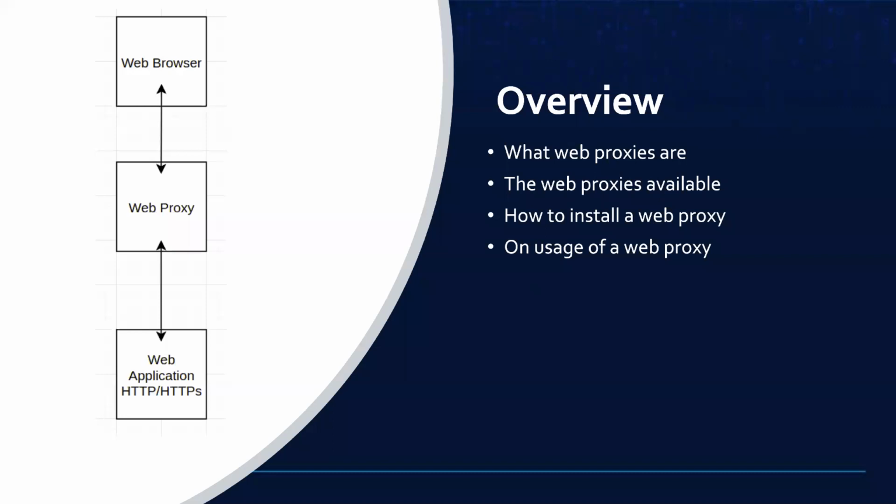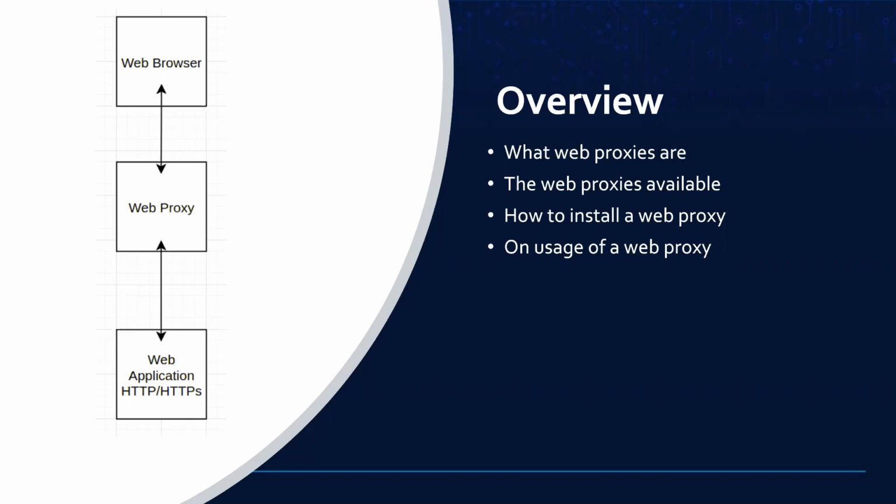So I have put a diagram on the left, which might be viewed as a little bit of an oversimplification, but simply you have your web browser for browsing web traffic. We've talked in previous lessons about ports and what services run on certain ports.